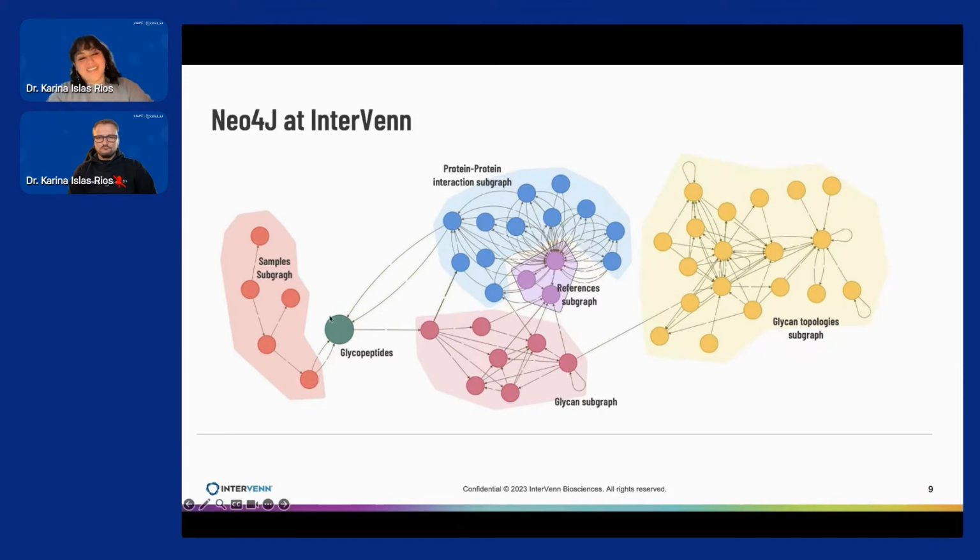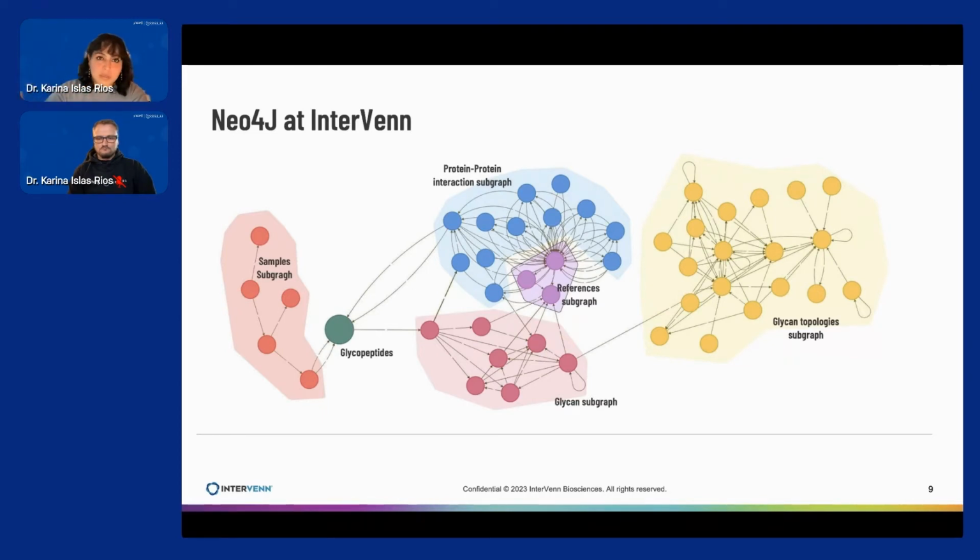You can see, in the red part at the left, we have all the samples. Then we go to the glycopeptides. This is linked to the protein-protein interaction subgraph. We also have the glycans subgraph, and then the yellow beautiful part at the right, which is how the glycans are drawn. And in the middle I left the purple part, that is the reference.